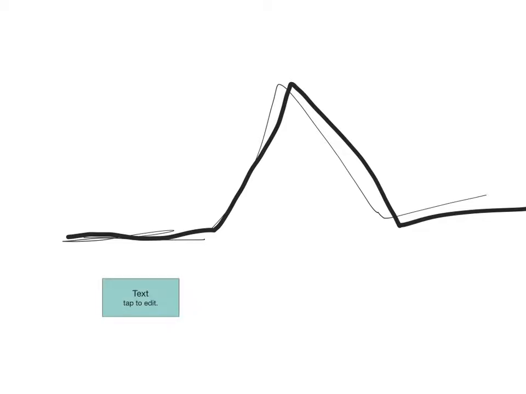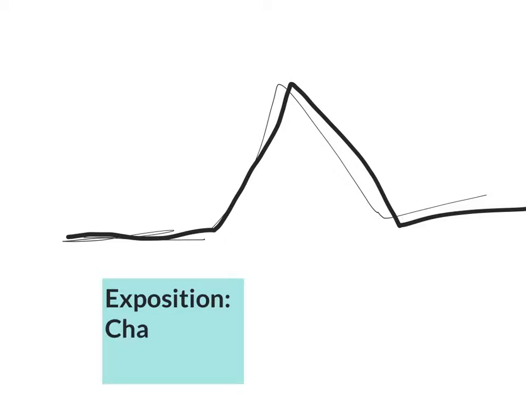Okay, our very first part, the beginning of the story, is called the exposition. Exposition. And you see the root word there is expose, because in the exposition, the author exposes us to the characters, the setting, and the problem.